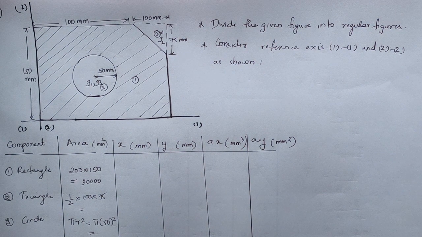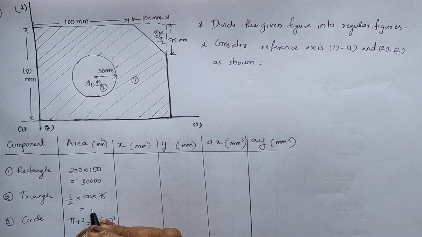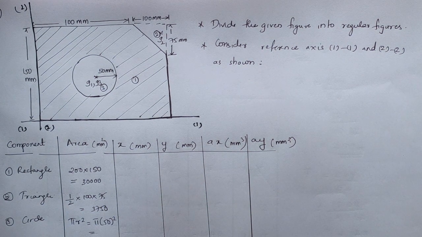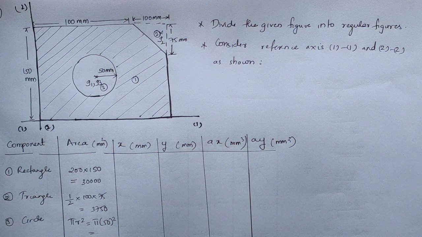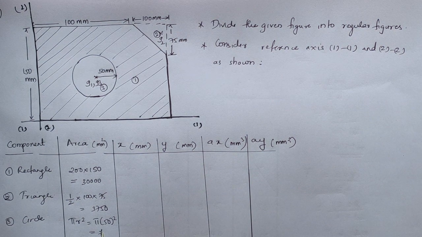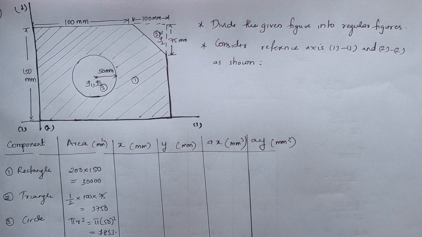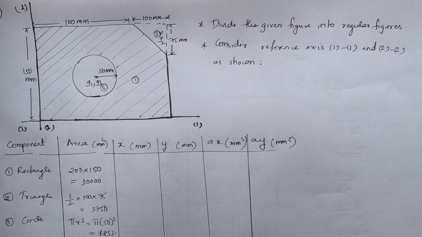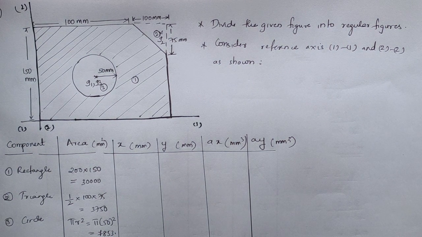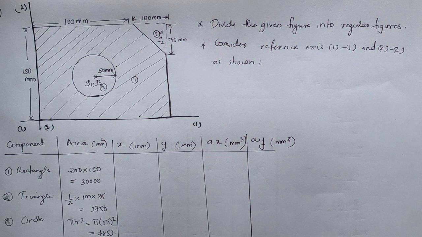Half into 100, so 50 into 75, your answer is 3750. And the answer of pi into 50 square is 7853.98. So you got big answers. Since it's in mm, everything is going to be big answers, so be very careful while writing everything.